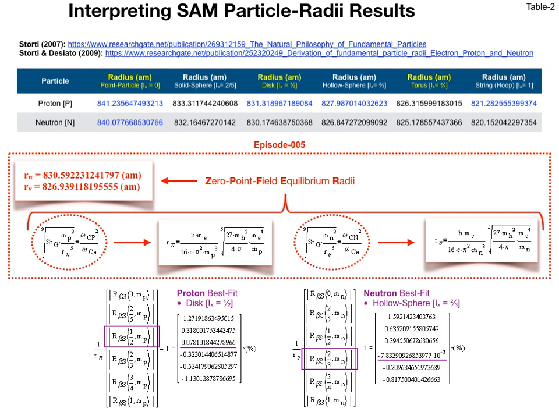In the case of the proton, the best fit occurs when I sub x equals a half, such that the deviation from the experimentally verified benchmark is less than 0.08%. In the case of the neutron, the best fit occurs when I sub x equals 2/3, such that the deviation from the experimentally verified benchmark is less than 0.008%.